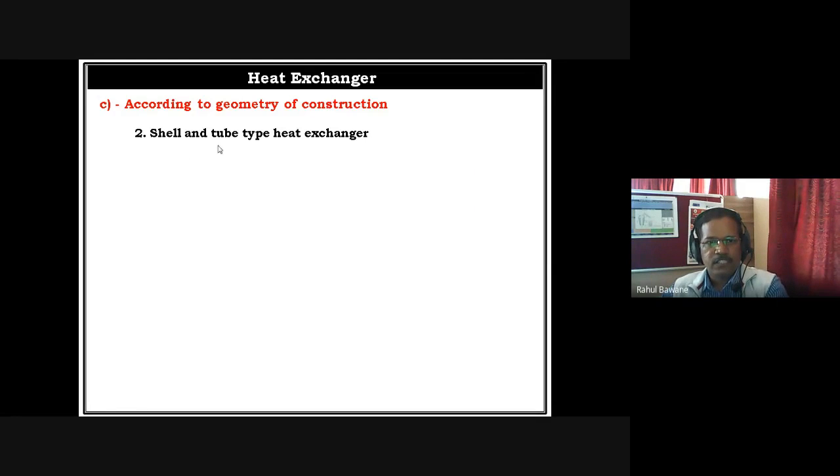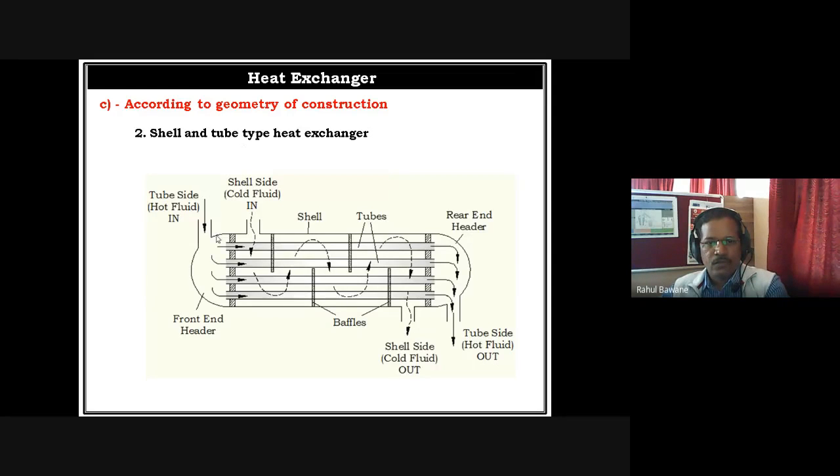Next, shell and tube. This outer casing is known as the shell. It is bigger in size as compared to tube in tube, and there are a number of tubes.